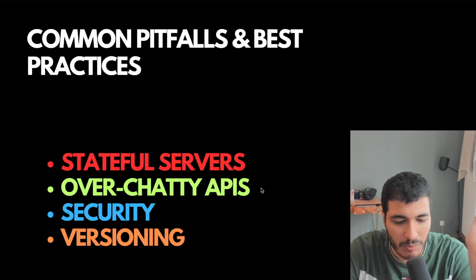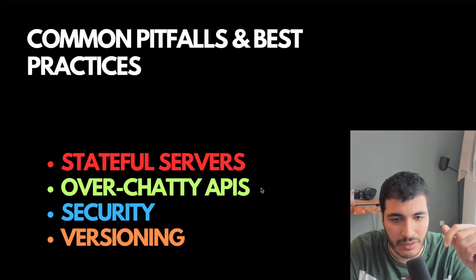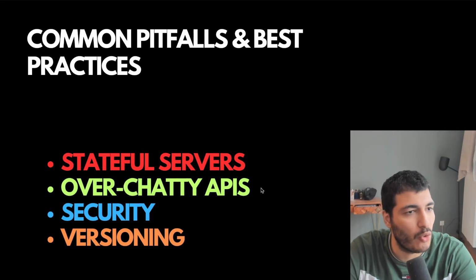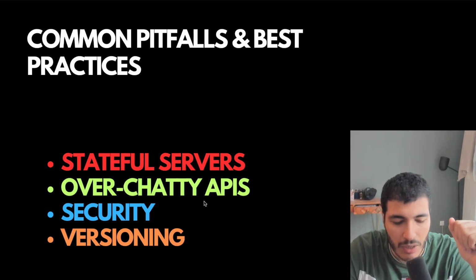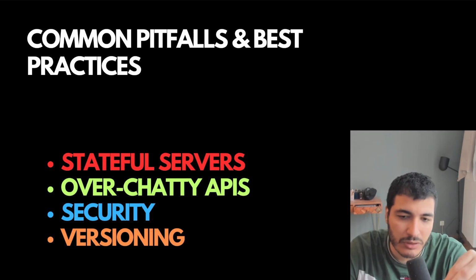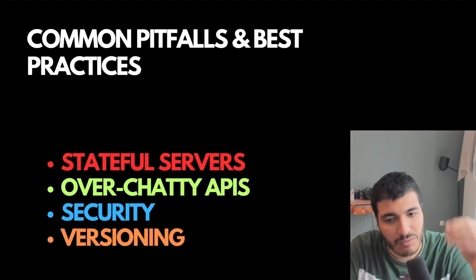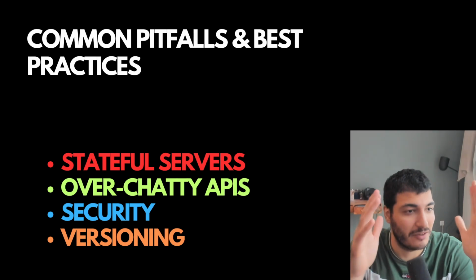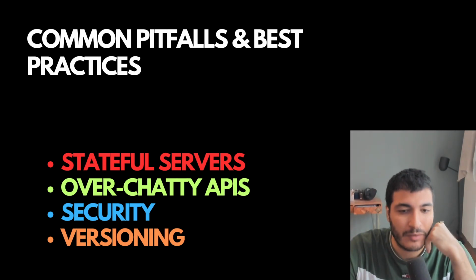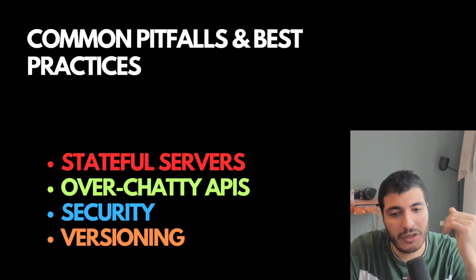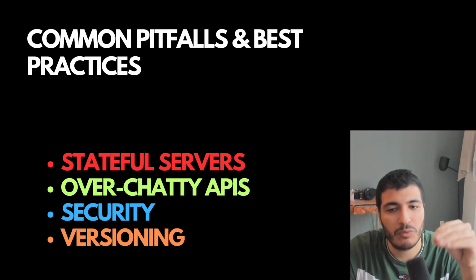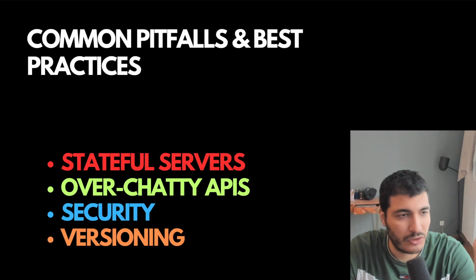Second, over-chatty APIs, like N+1 calls, destroy mobile battery and latency, so you will use batching or GraphQL. Third, security: validate every input, rate limit, and never trust the client. The client is our enemy. Number 4, versioning: avoid breaking clients by evolving gracefully with v2 endpoints or content negotiation.